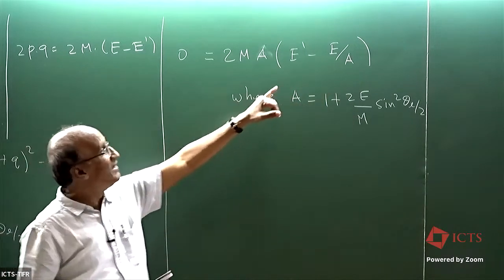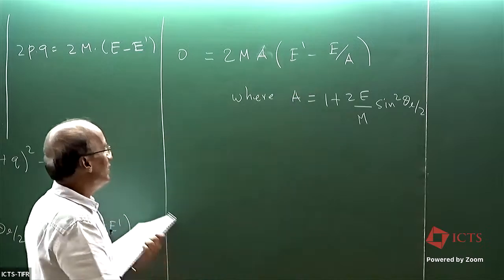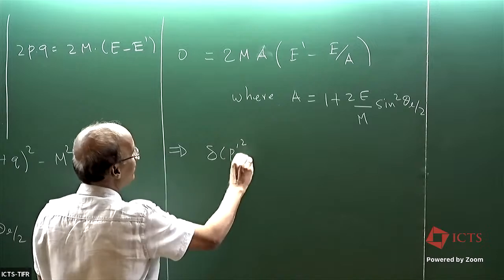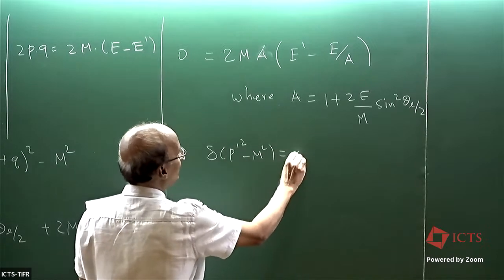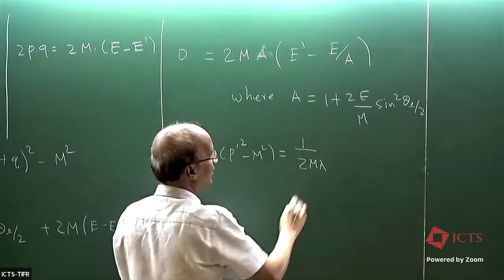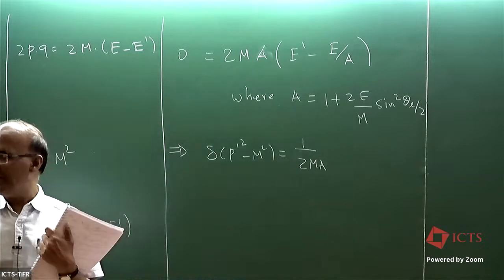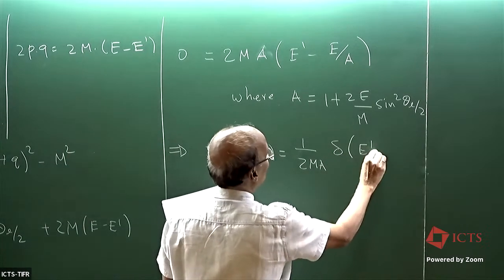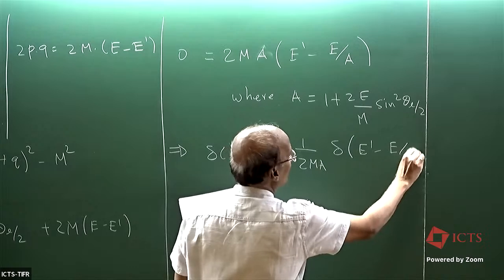So this implies δ(p'^2 − m^2) is simply 1/(2ma), since both m and a are positive and I don't need to put a modulus, times δ(E' − E/a).